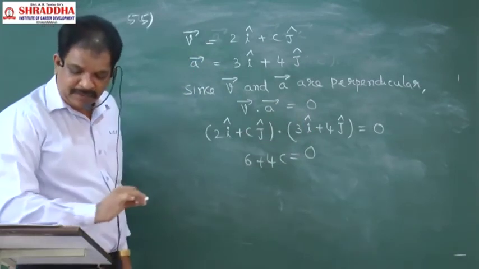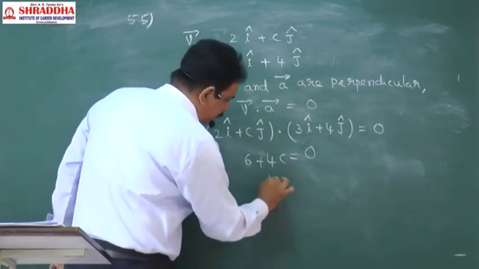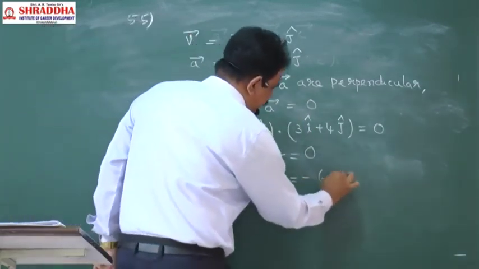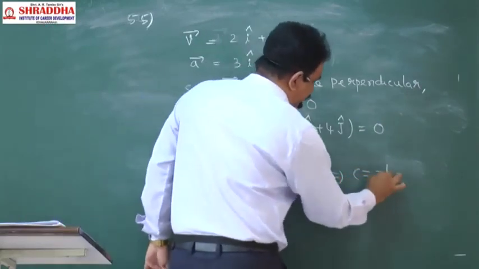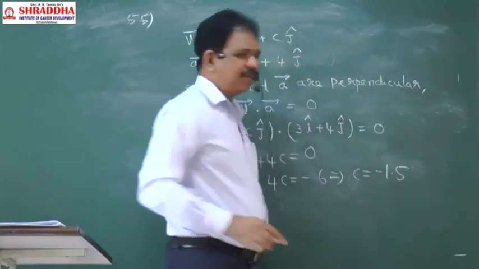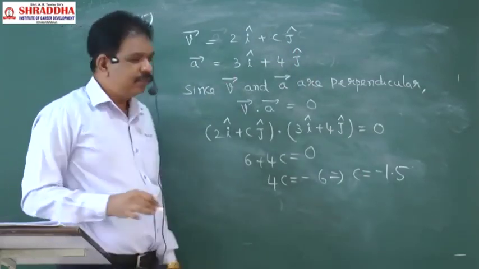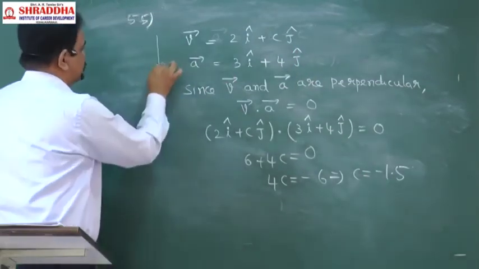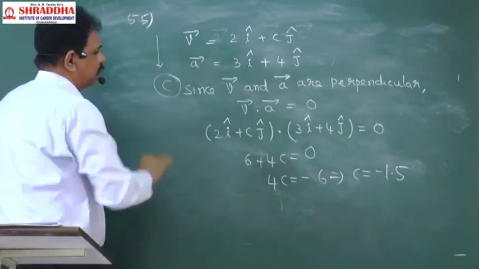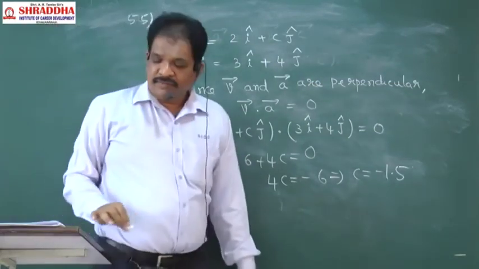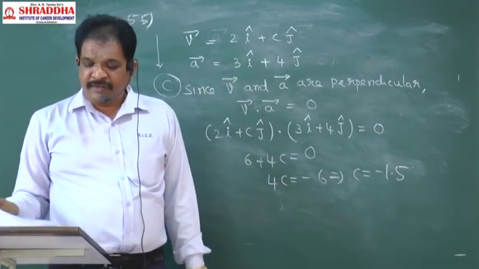So 4C value will be minus 6, and C value will be minus 1.5. So 55, it will be option C. Clear? So that is the answer for that.